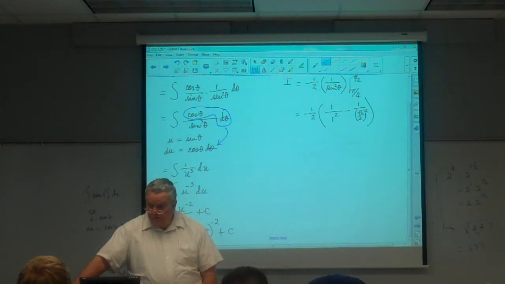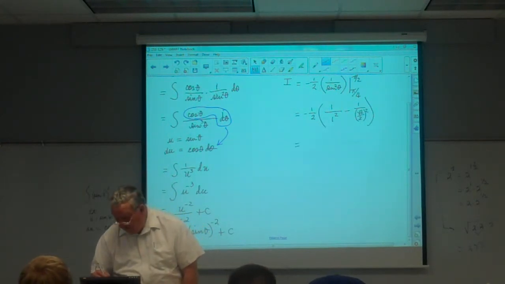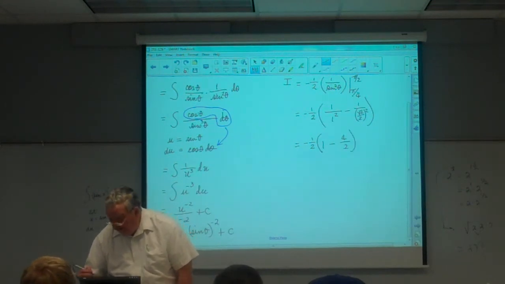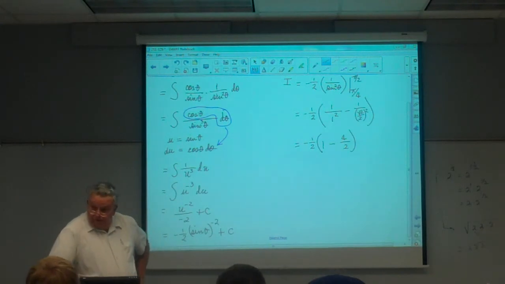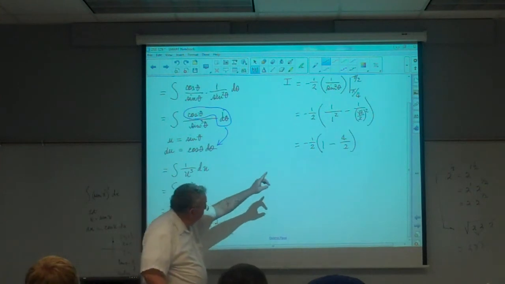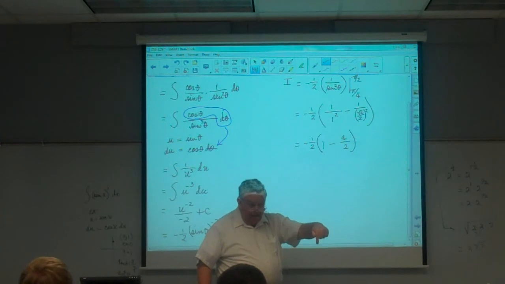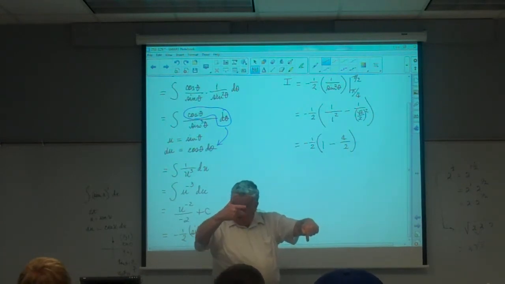Do you agree? So this is equal to minus 1/2 times 1 minus 4/2. Is that right? Square root of 2 squared is 2, right? 2 squared is 4, but it's in the bottom. Therefore, you invert it. Is that right?